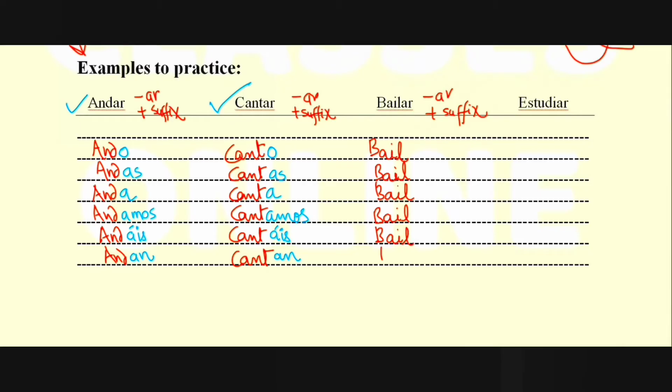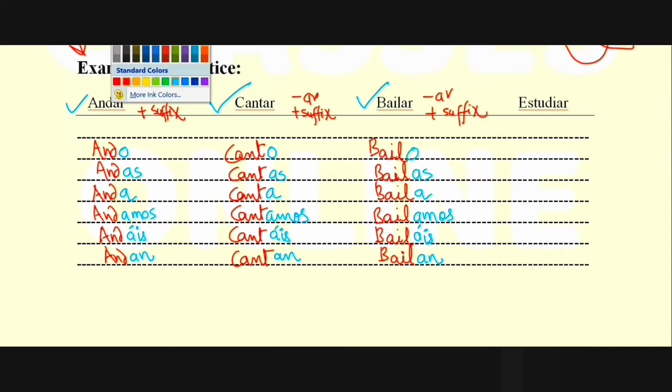Dropping ar, then we are getting bail. Add suffixes in blue. What do we get? O, as, a, amos, ais with accent, an. You can read it again: bailo, bailas, baila, bailamos, bailais, bailan.